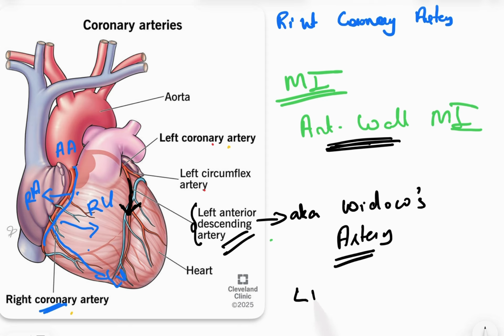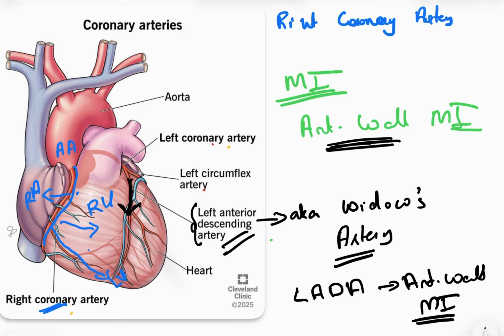Remember, the left anterior descending artery causes anterior wall MI because it provides blood supply to the anterior part of the left ventricle. I have already mentioned many times, in the heart there are 4 chambers, and all 4 are very important. Among them, the most important chamber is the left ventricle because it pushes the blood out to the aorta and to all parts of the body, and the pressure inside the left ventricle is the highest in order to push the blood outside.